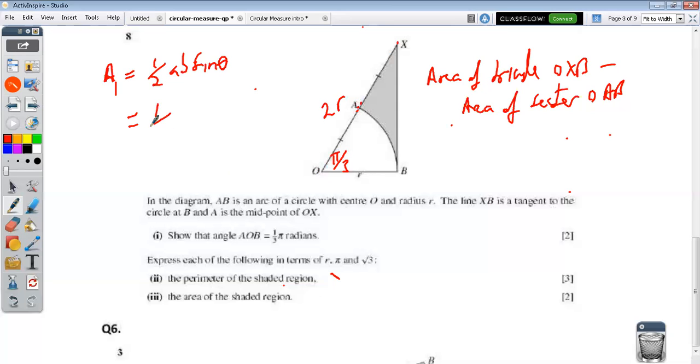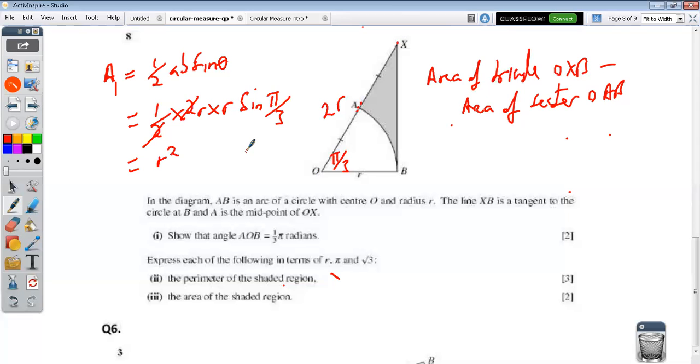So it means half multiplied by 2r multiplied by r sine the angle between them, which is sine pi over 3. Now, this cancels. Then you're left with r squared. Then find sine 60 or sine pi over 3 in your calculator.